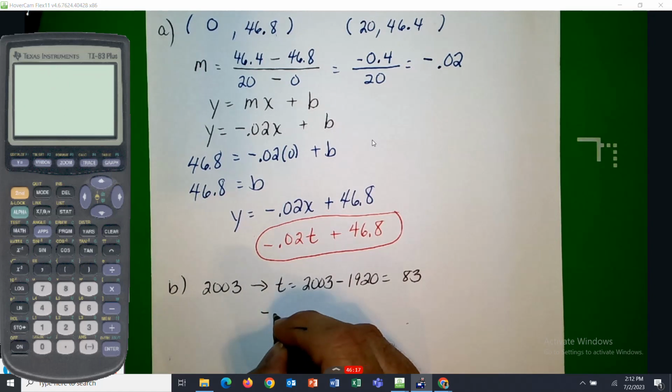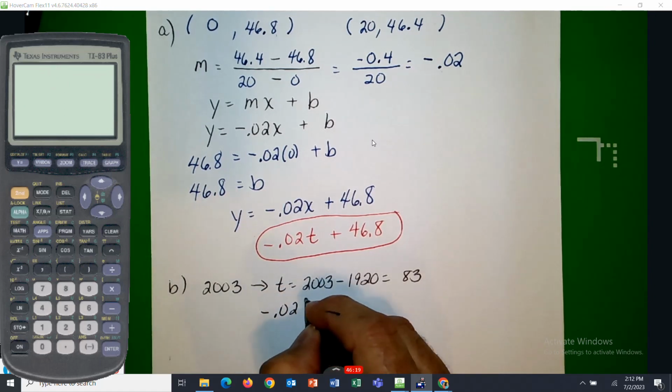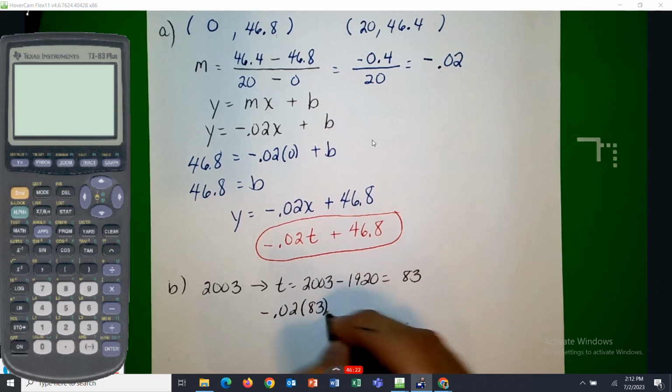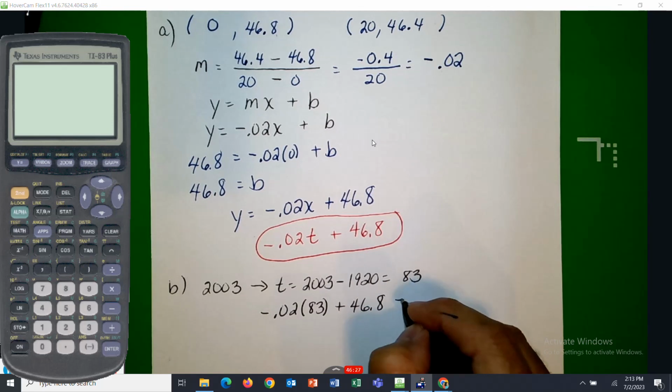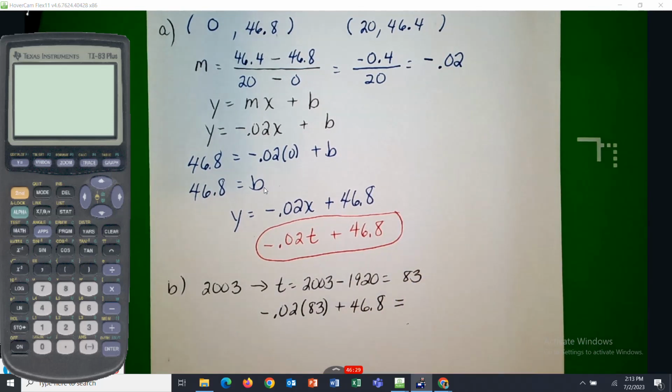So it's negative 0.02 times 83 plus 46.8. Negative 0.02 times 83 plus 46.8 gives 45.14.